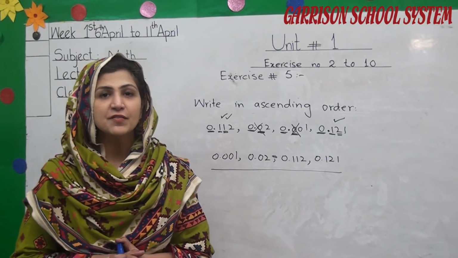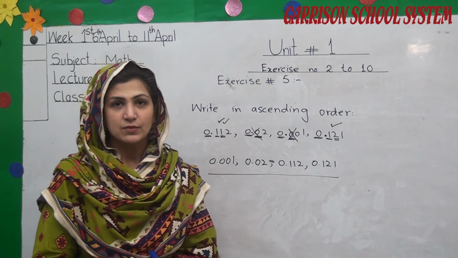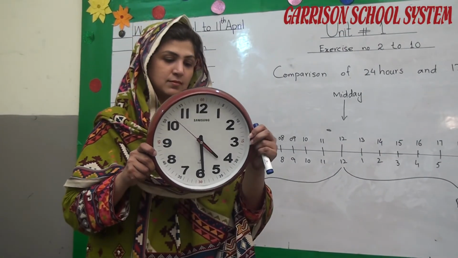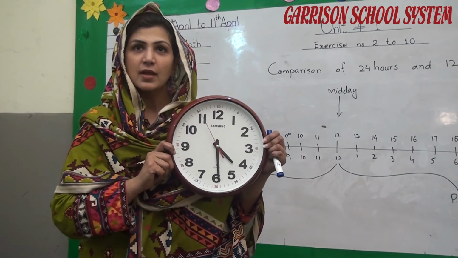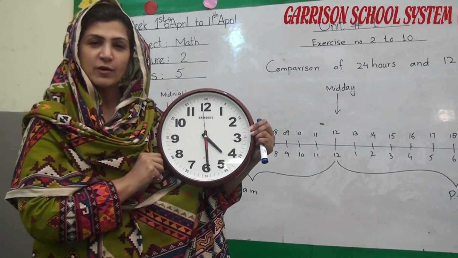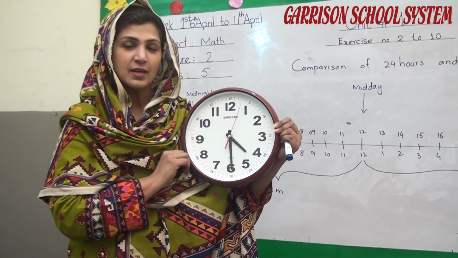I will tell you the difference between the 24-hour clock and the 12-hour clock. Have you seen these types of clocks before? Yes, you have seen a lot of clocks.